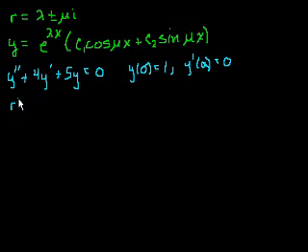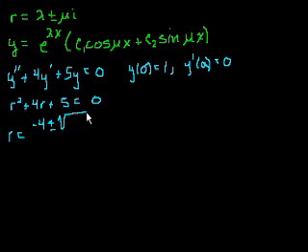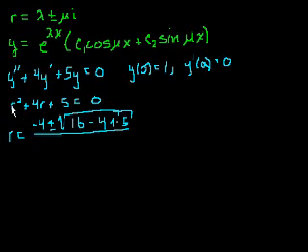So it's r squared plus 4r plus 5 is equal to 0. Let's break out our quadratic formula. The roots of this are going to be negative b, so minus 4, plus or minus the square root of b squared, so that's 16, minus 4 times a, well that's 1, times c, times 5. All of that over 2 times a.